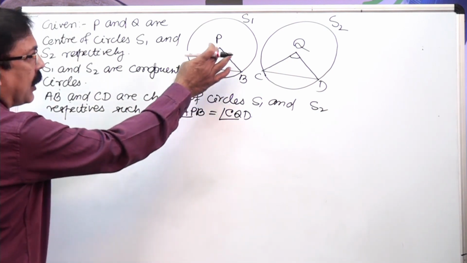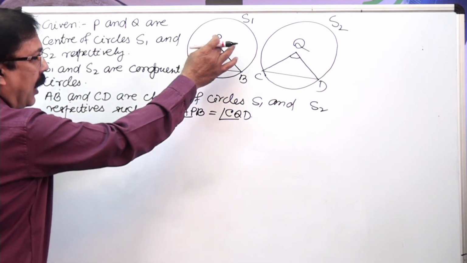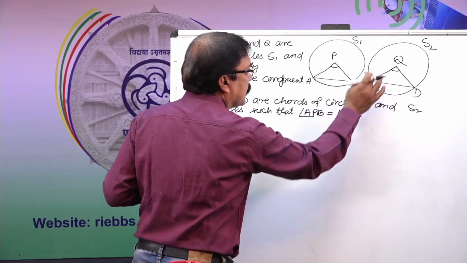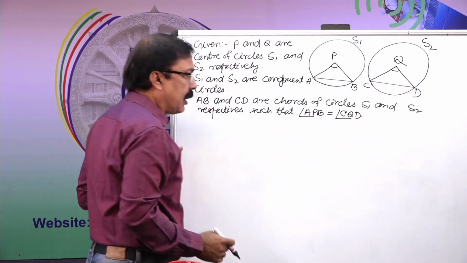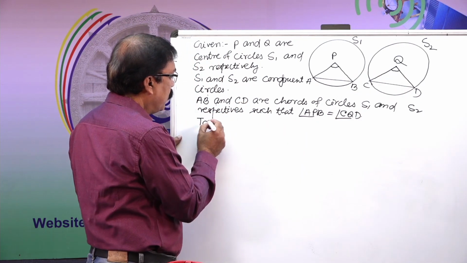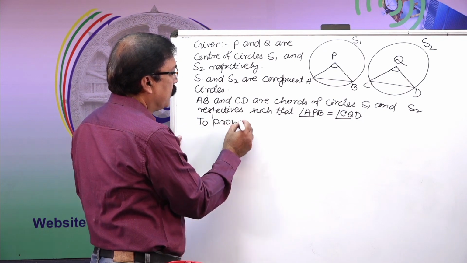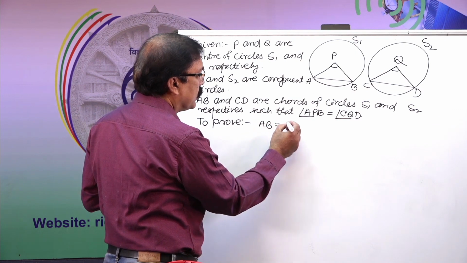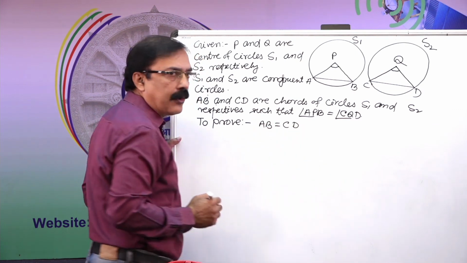AB subtends angle APB at P, and the angle subtended by CD at the center Q is angle CQD. These two are equal. So what to prove? We have to prove that chord AB is equal to chord CD.